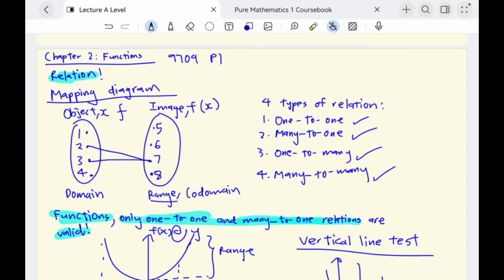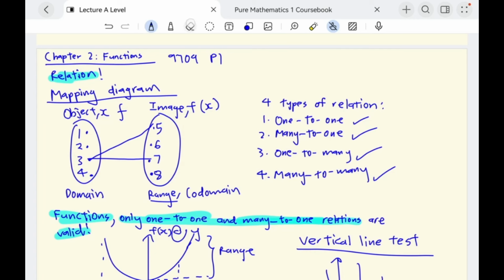For one-to-many, that means only one domain can produce 2 codomains that lie in the range. Let's say 3. The domain 3 can be functioned to produce 5 and 7. This is one-to-many.